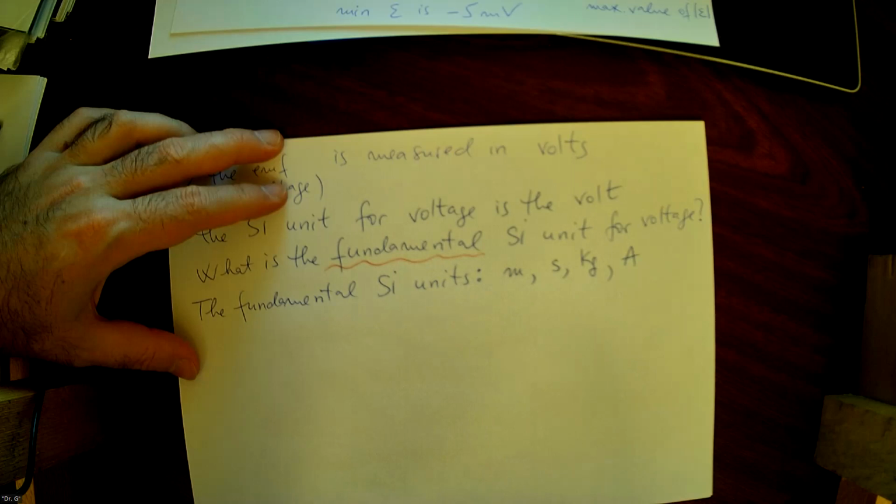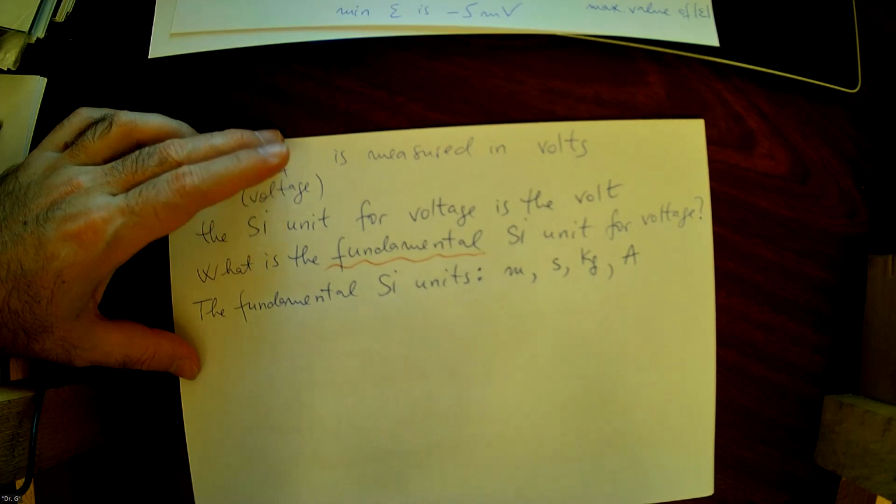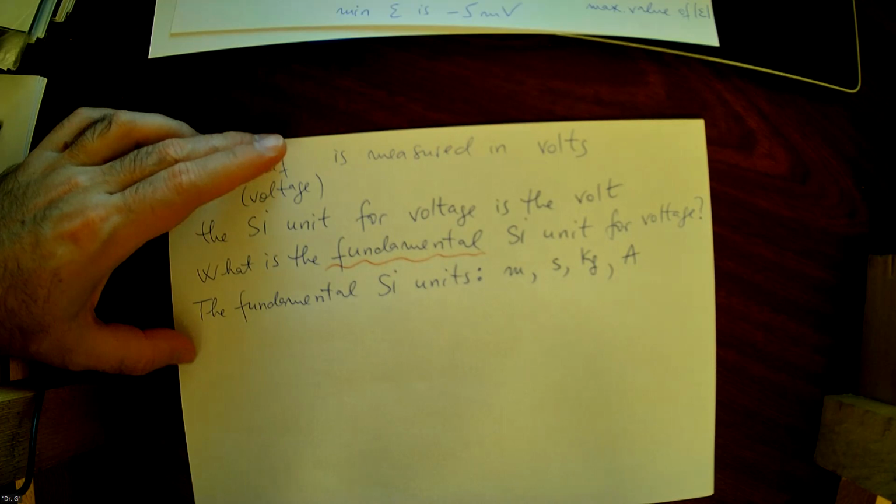The electric charge of the electron, of the proton, those were measured much later, and by that time the fundamental SI unit was the amp, and things were left this way.